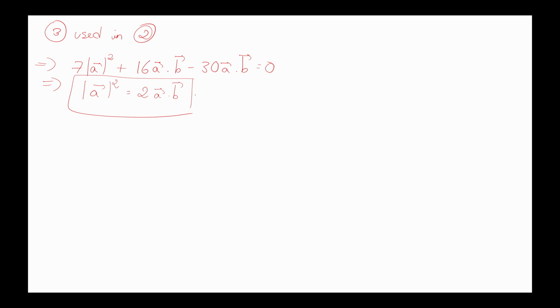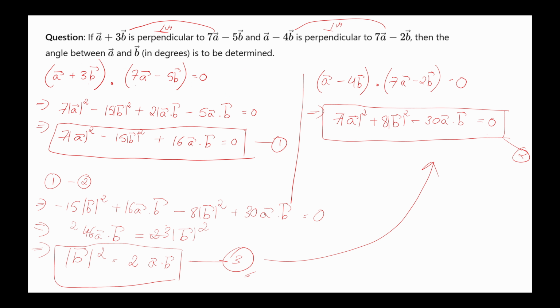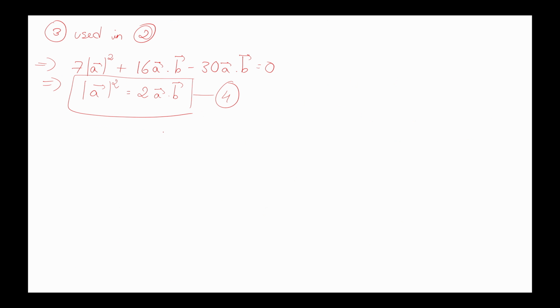So this is our fourth equation, and we know that 2 times a vector dot b vector is b vector modulus square. That means one equation that we've gotten is a vector modulus square is equal to b vector modulus square. This is our major equation that we've just found out.